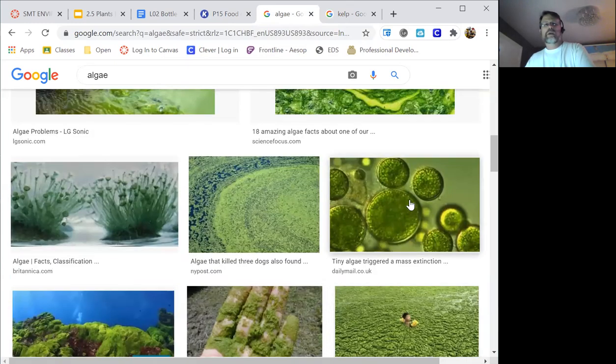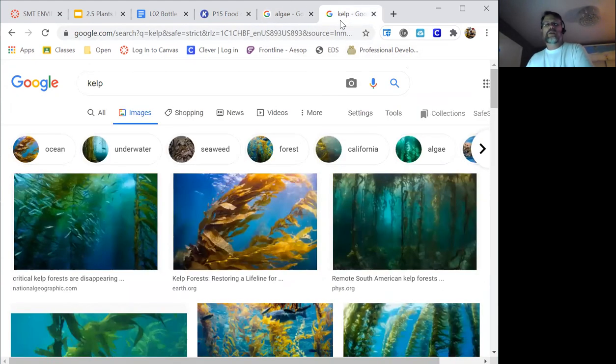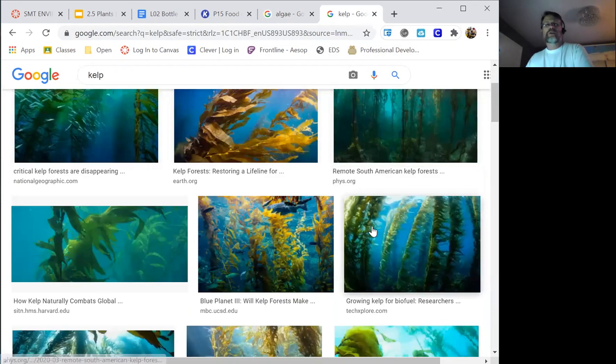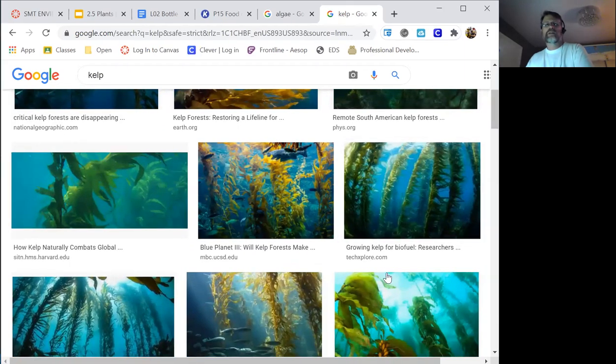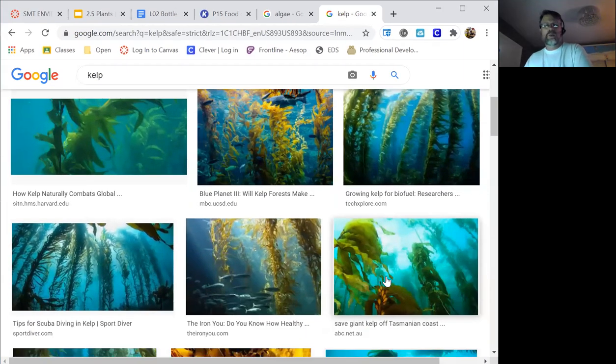It can be super tiny, single-celled plants that can only be seen under a microscope, or it can extend all the way out to kelp beds, which can be hundreds of feet tall, but still completely underwater.